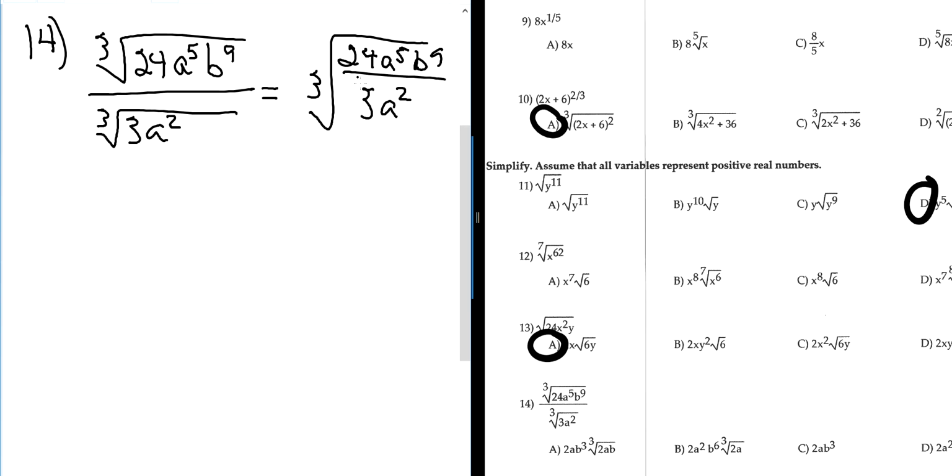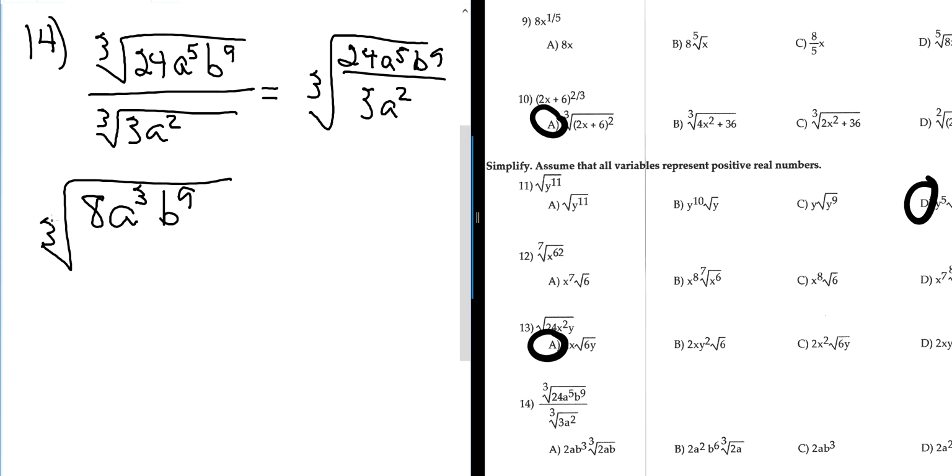For example, 24 divided by 3 is 8. So I could rewrite this to be 8, a to the 5th divided by a squared. Remember, we subtract the smaller exponent from the larger one. That's going to give me a cubed, and the b to the 9th just stays. It's like over 1. All right, so this is what I'm left with.